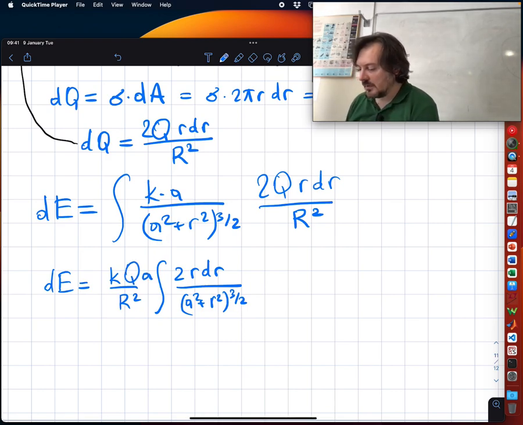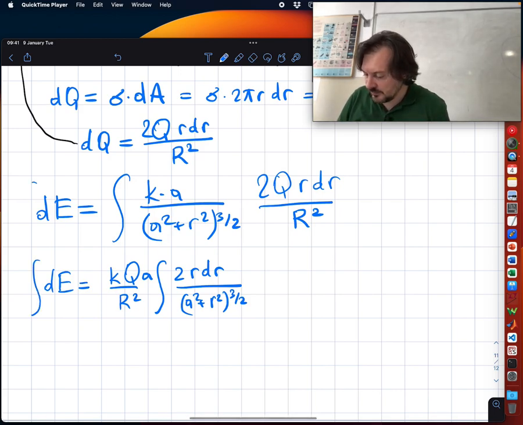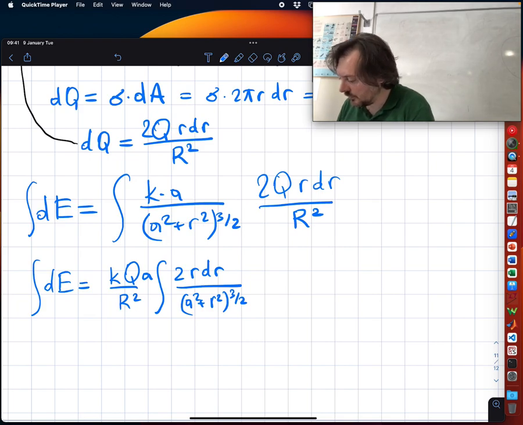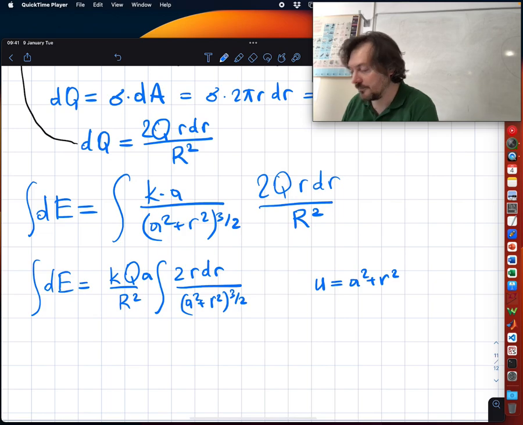So now you can see that my problem is now condensed into this integral problem. How do you solve that integral? Substitution, very good. So you just say u is equal to a squared plus r squared.